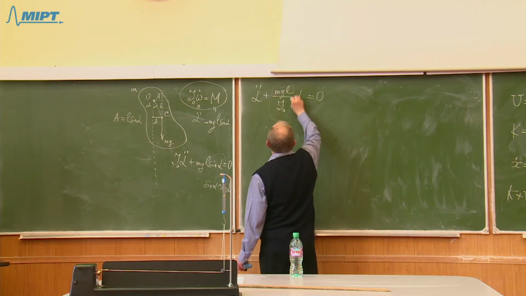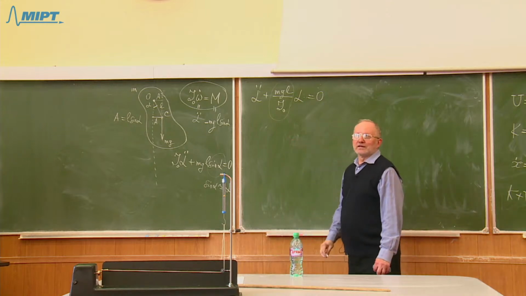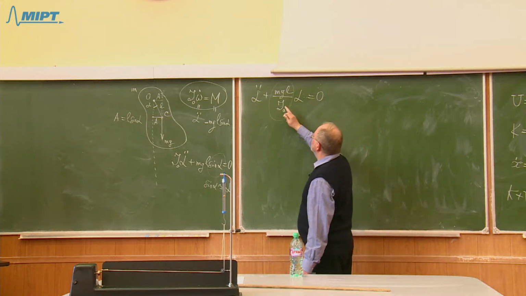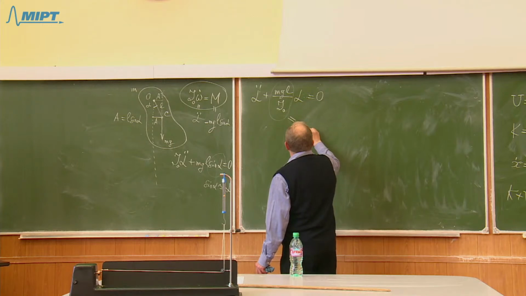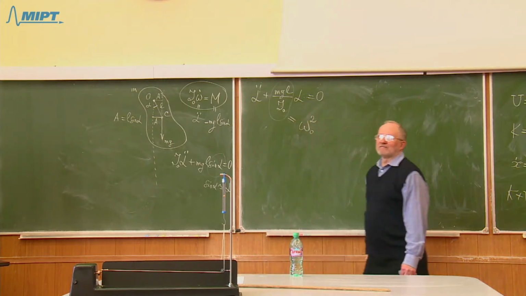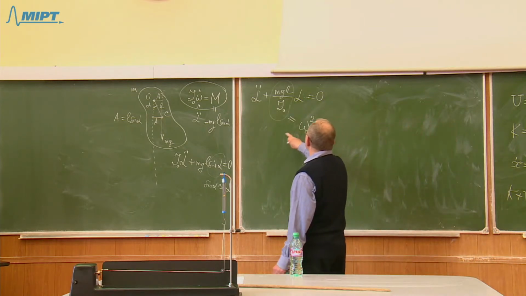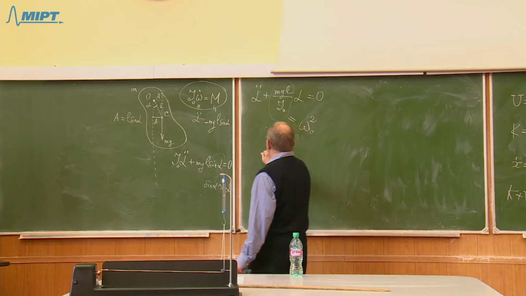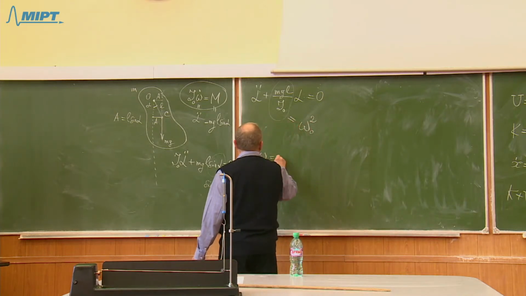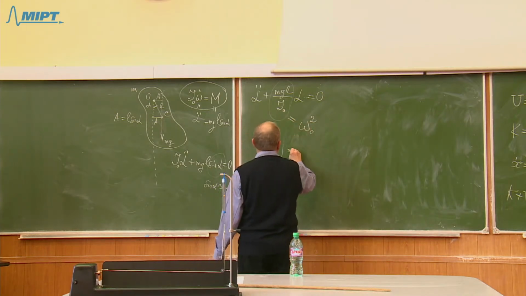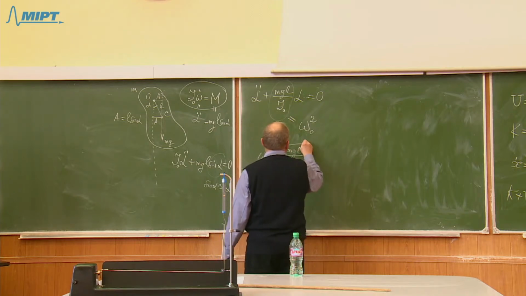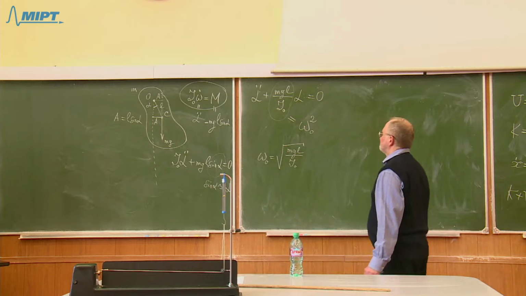I know, and you know, now you know also that this coefficient equals the frequency of oscillation squared, so that the frequency is given by mgl divided by the moment of inertia.